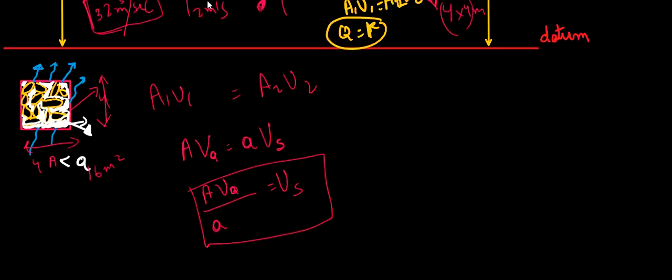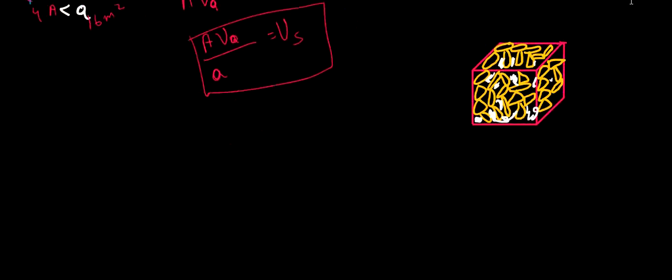Now, how to obtain this small a? Small a is the area of voids. So if we consider our soil sample, let's say these are the voids which are now filled with water, since water is the fluid that is percolating through our soil sample.